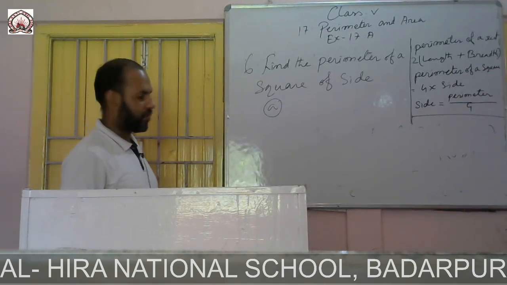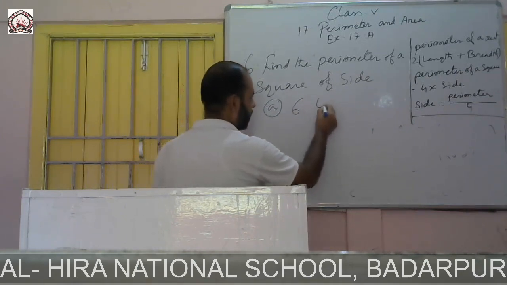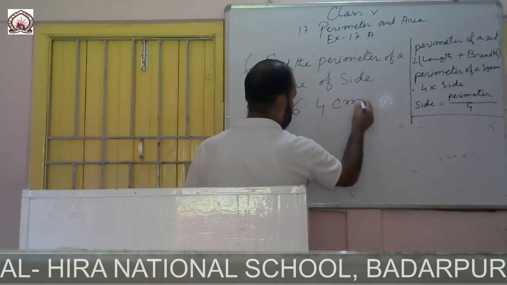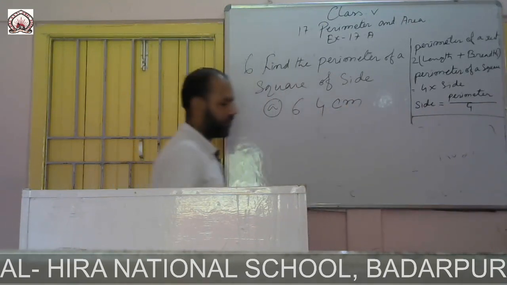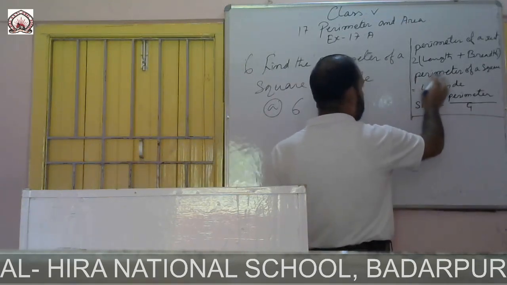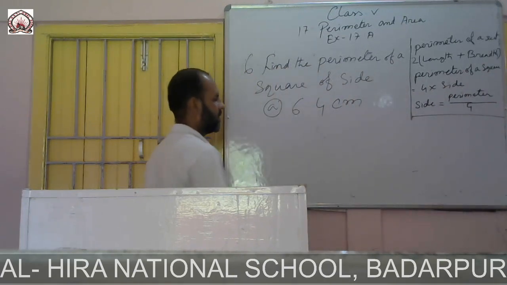Question A: 6.4 centimeter. The formula we know: the perimeter of a square equals 4 into side.